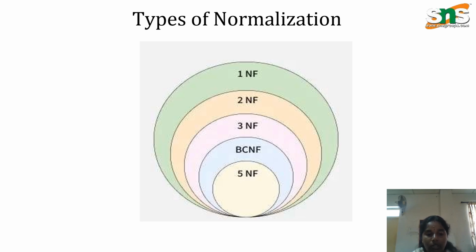For example, consider a table with student ID, course ID and instructor. If the instructor depends on the course ID and the course ID depends on the student ID, then the instructor indirectly depends on the student ID, which violates the 3NF. To resolve this, place the instructor in a separate table keyed by the course ID.